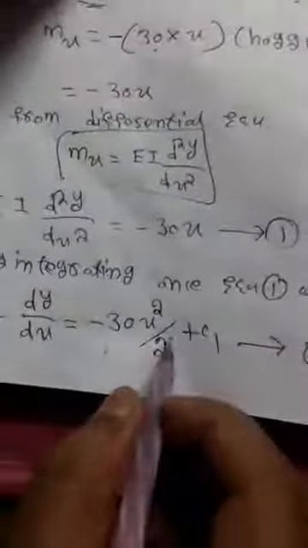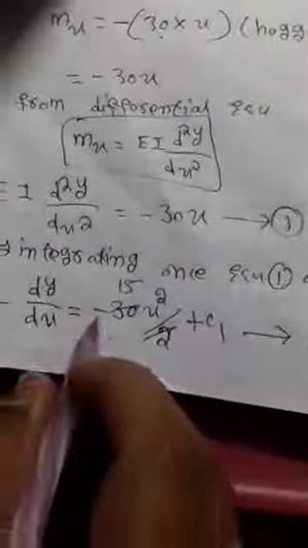So EI y equals, 30 by 2 is 15, so minus 15 is the constant value, and x square integrates to x cube by 3, plus C1 integrated with respect to x, C1 x.